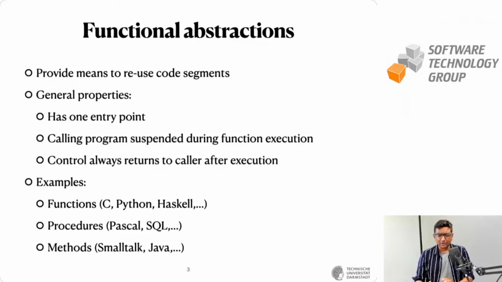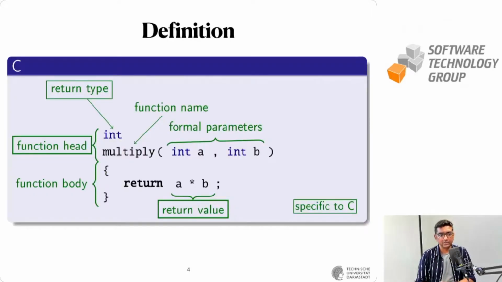In most languages, the implementation of functions and procedures is rather similar, but the difference is mostly conceptual. Methods, on the other hand, are similar to functions, but they are for the object-oriented world. Languages like Java and Smalltalk provide methods, which are essentially functions that are bound to a particular type or particular object, right?